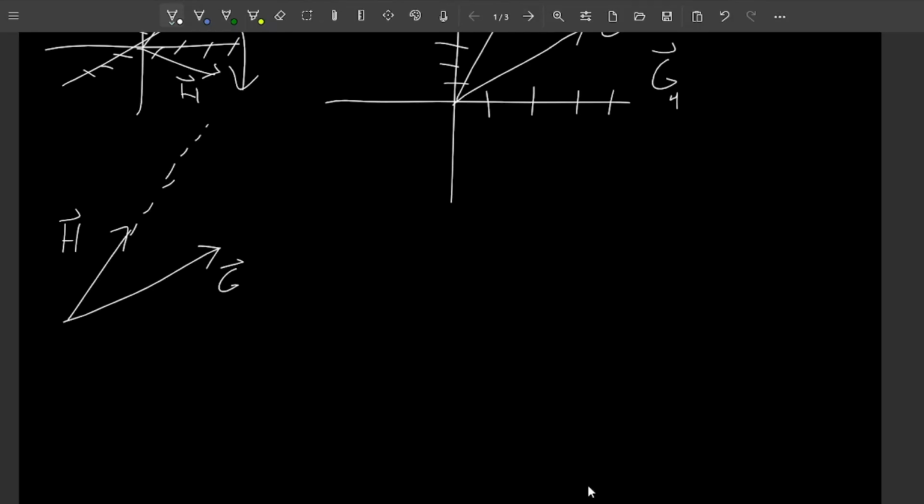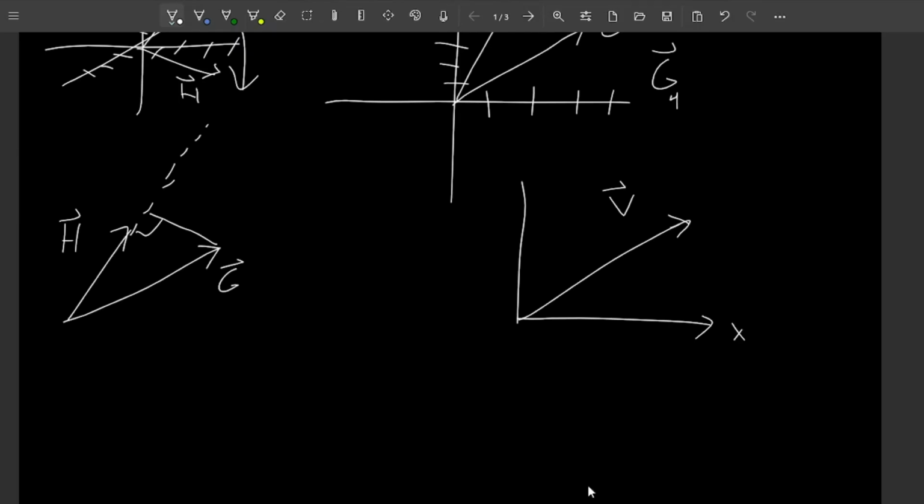To find exactly where it's going to be, you need to make a 90-degree angle with the H vector and the G vector. Now, the reason we do this is imagine we had the x-axis and some vector v.